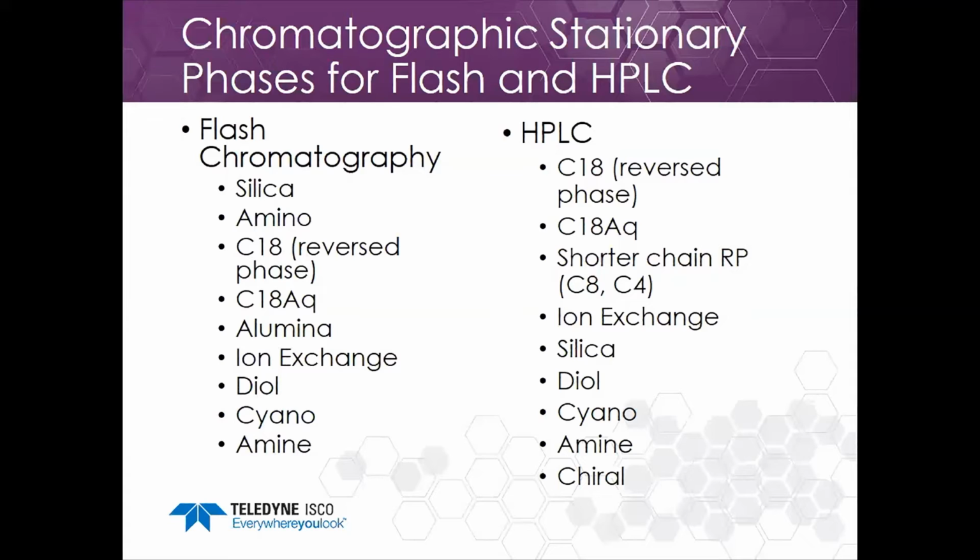HPLC, on the other hand, you can see that functionalized C18 in reverse phase and C18AQ really dominate the HPLC stationary phases. Additionally, you'll see shorter functionalized C8, C4 columns, ion exchange columns, silica, diol, cyano, the functionalized amine columns also, and then you start to see the ability to use chiral columns to separate out enantiomers and chiral compounds.